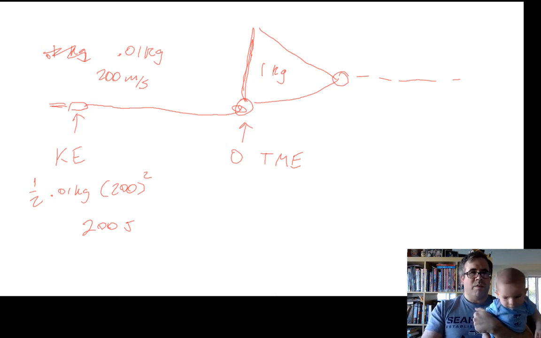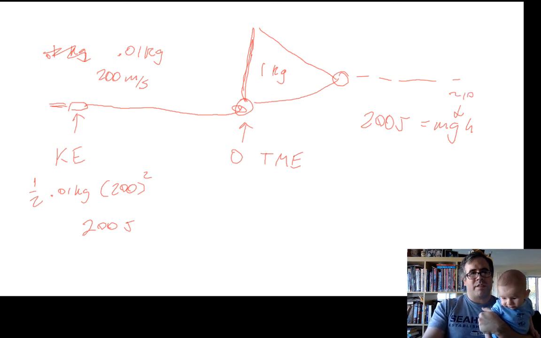So we have this kinetic energy, 200 joules. This is the only source, from the bullet. That equals mgh. The only real trick here, we know what g is, it's around 10, is to keep in mind that the bullet plus the weight is now our new mass.